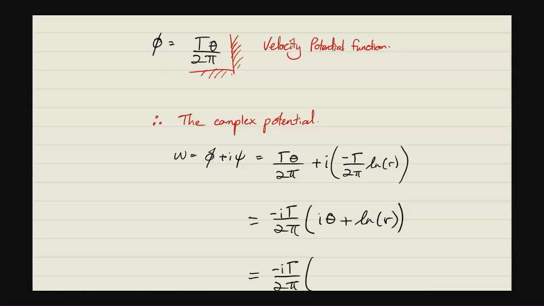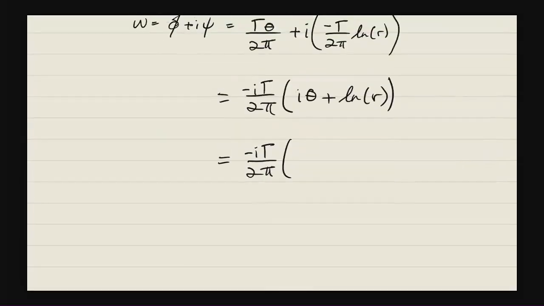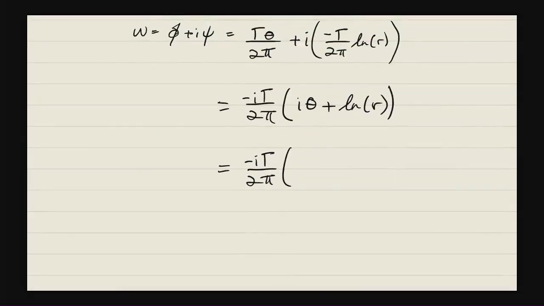The trick is I have to write this in terms of ln, because ln plus ln, I can then make into a single ln of a product. So I want to make this into a ln. So what am I going to get? ln e to the i theta, right?